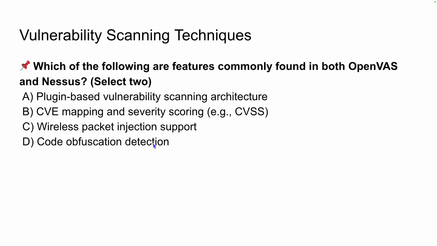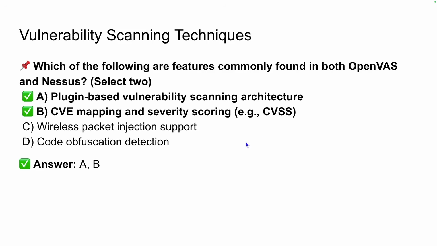Wireless packet injection support, not really, because OpenVAS and Nessus are vulnerability scanners, so I don't think this is even an option. Code obfuscation detection, I don't think it's an option either, because it's not doing anything with code. So CVE mapping, severity scoring, yes, for sure. Plugin-based vulnerability scanning, I see. So there you go, vulnerability scanning. Because it's in the answer, I would say yeah, okay, there you go.